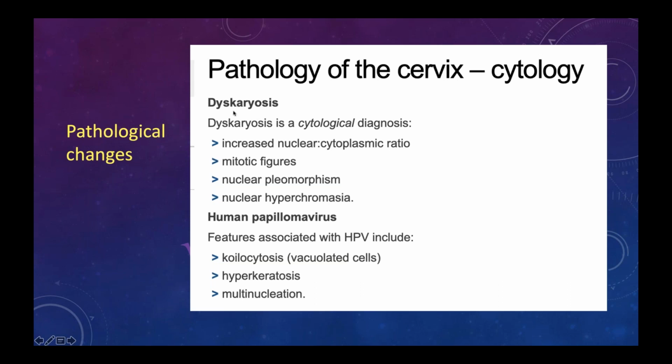And if the cells become dyskaryotic, these are the changes that occur: increase in nuclear cytoplasmic ratio, mitotic figures, nuclear pleomorphism, and nuclear hyperchromasia. These four lines about dyskaryotic cells also have to be remembered by part 2 people, because this is also a part from where your SBA can come.